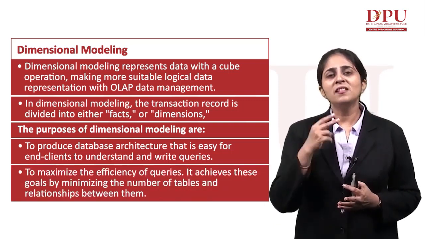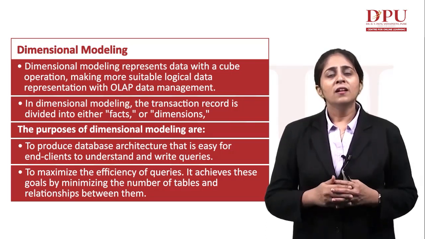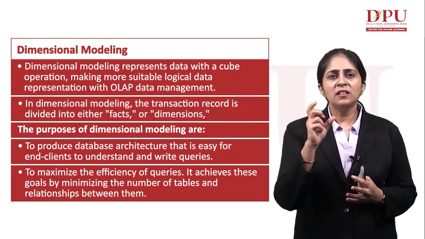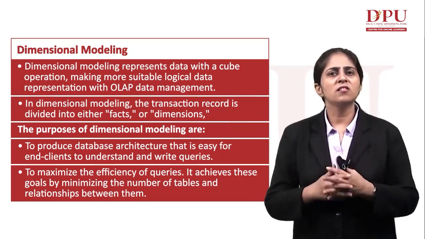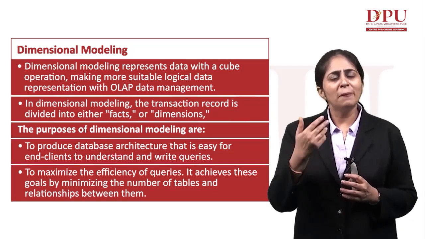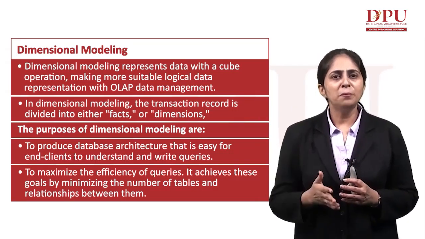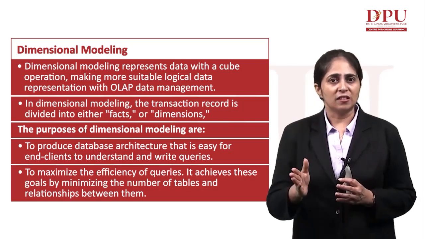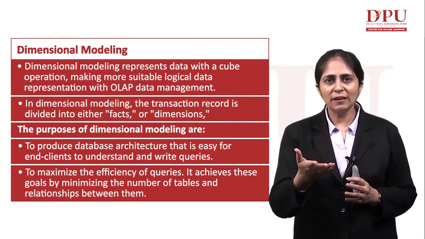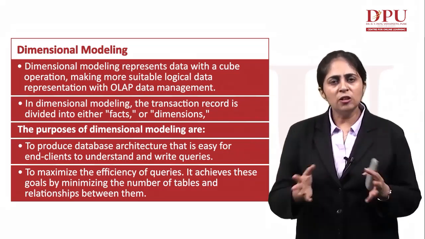Secondly, to maximize the efficiency of the queries. It achieves these goals by minimizing the number of tables and the relationships between them. Whatever queries are being made, they should be efficient. So we try to reduce the number of tables.